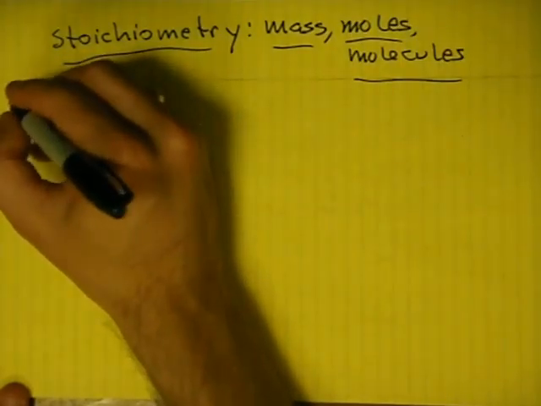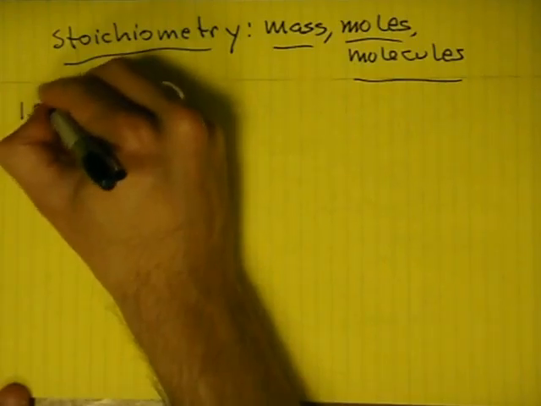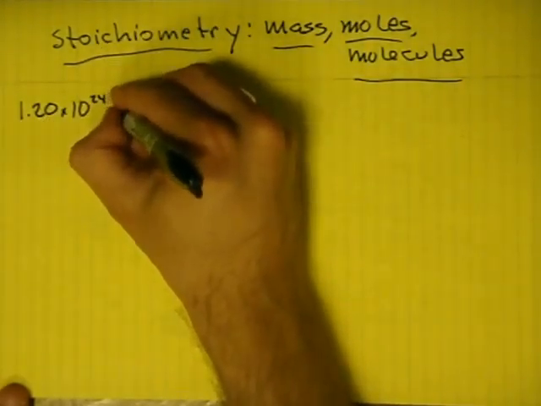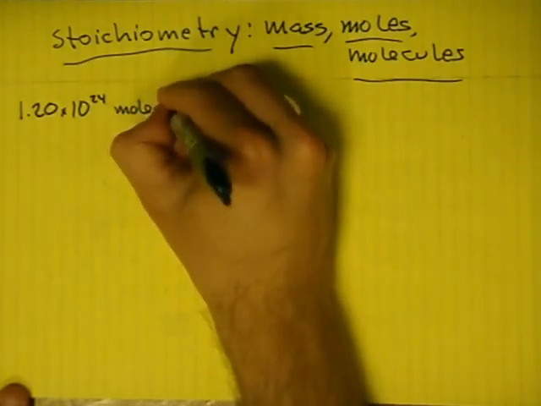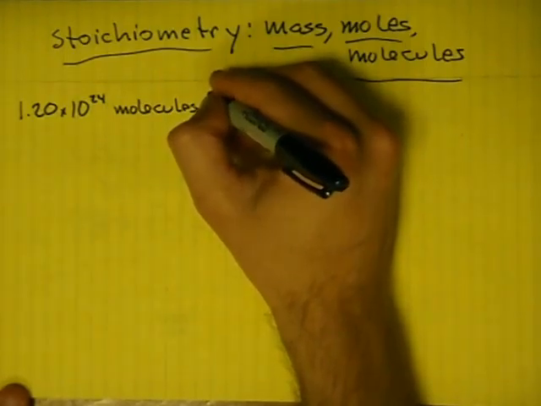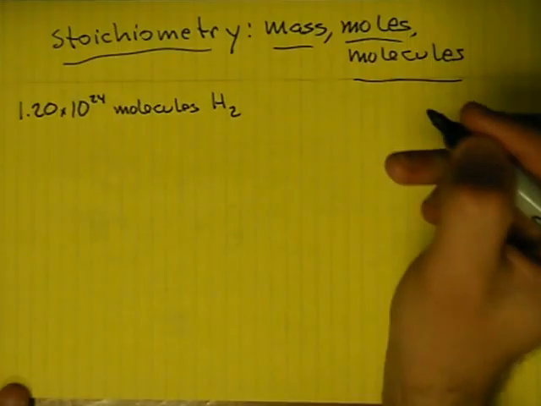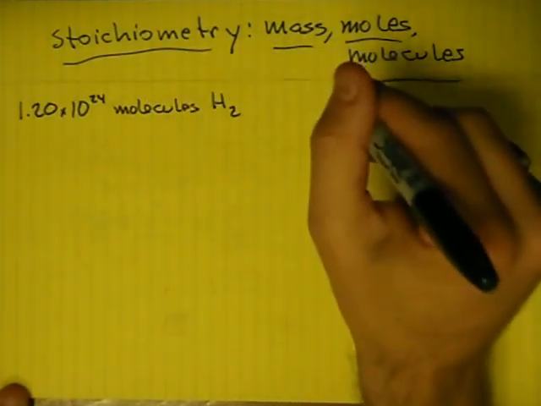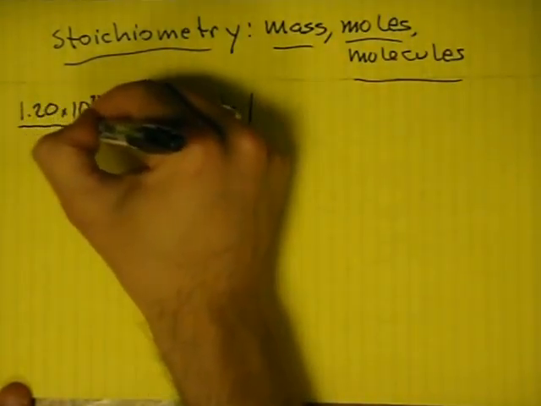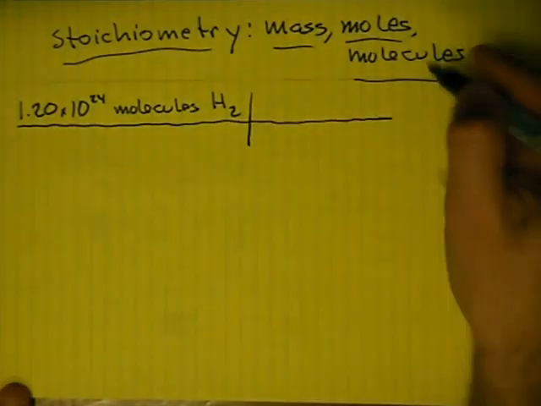So if we said that we had 1.20 times 10 to the 24 molecules of hydrogen gas, to convert that to moles, we just multiply by our conversion.